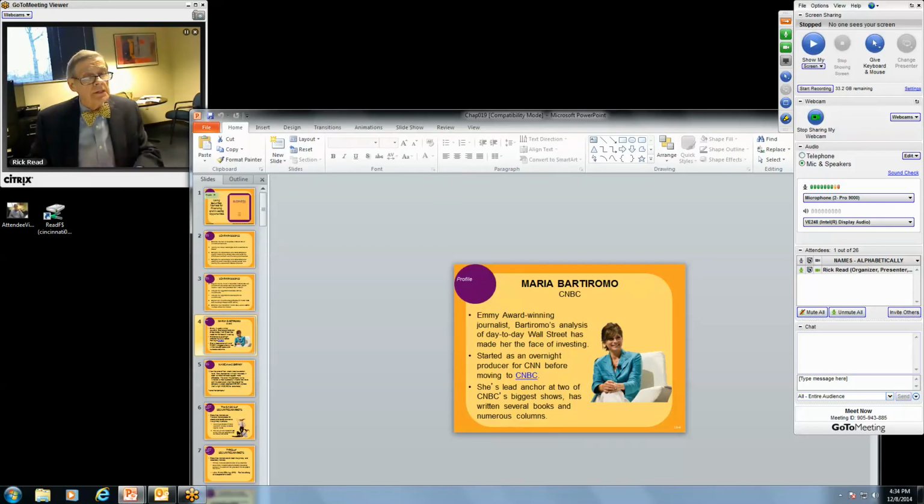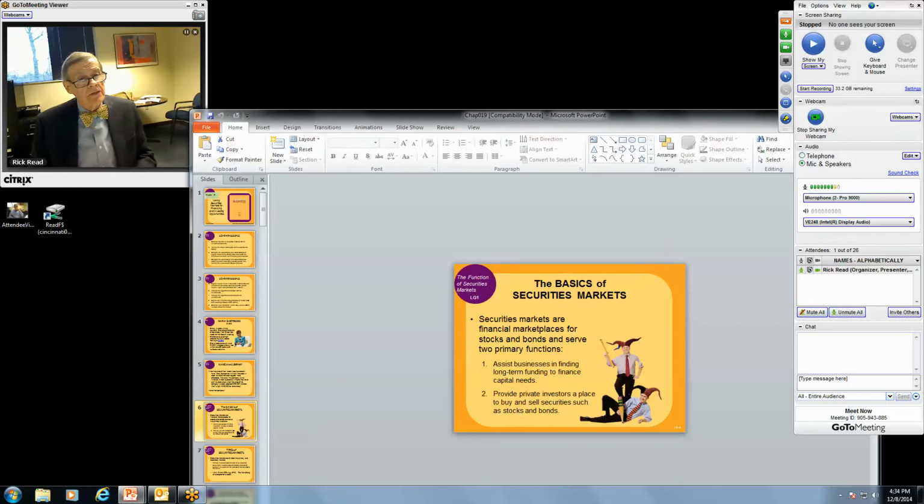A very interesting lead into the chapter about Maria Bartiromo, or Bartiromo, I think is how she pronounces it, and I may even be wrong with that. A very knowledgeable person who reports on stocks and bonds for CNBC. So I encourage you to read that, because I think it's a very interesting little snippet about an individual that many of us may know by watching cable television.